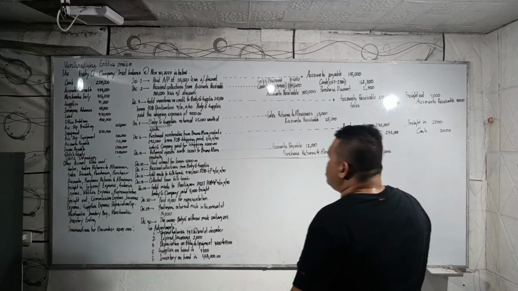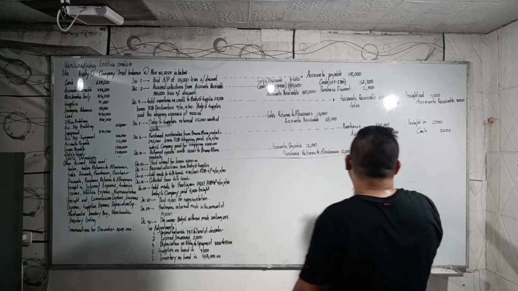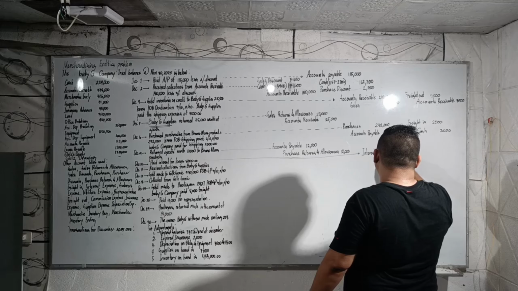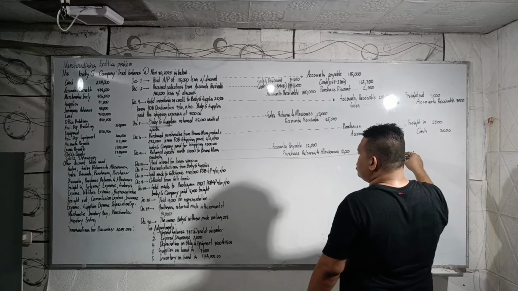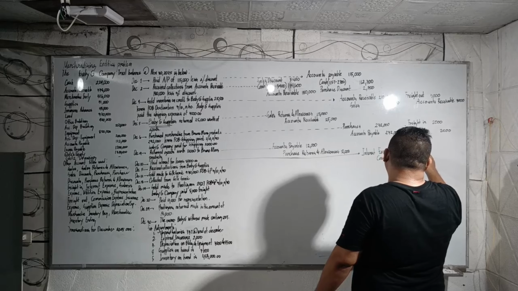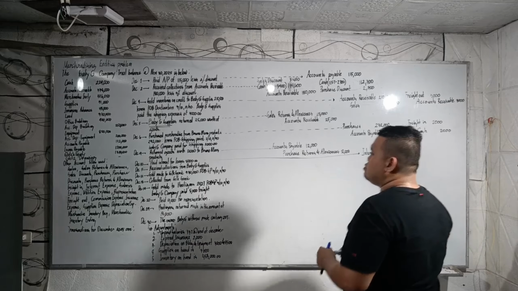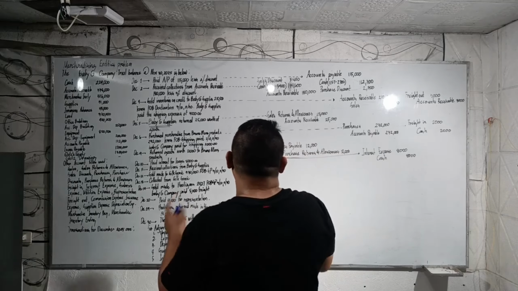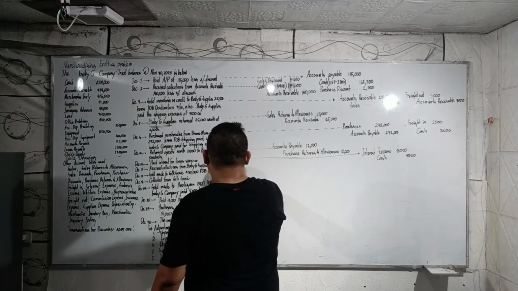Okay? And then, cash, of course. You have cash. Because you paid for interest. So you have 8,000 and then 8,000. That's it. Now, let's go to December 11.